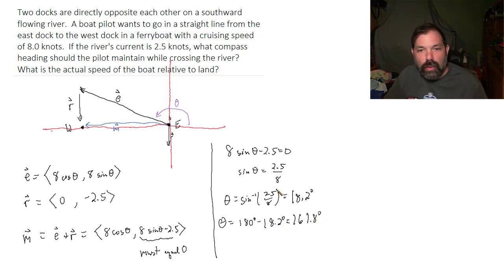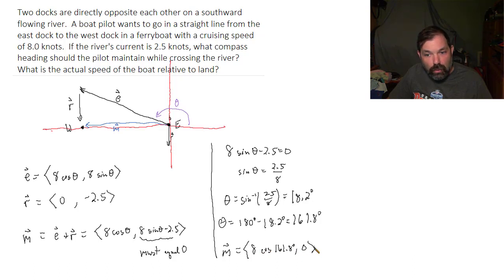That's reasonable, right? That angle theta is an obtuse angle, and we understand how the sine works and how the inverse sine function works. 161.8 degrees is reasonable. So then our M vector, fixing that up, would be 8 cosine 161.8 degrees, comma, 0.